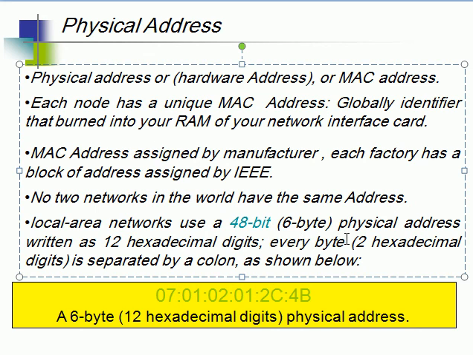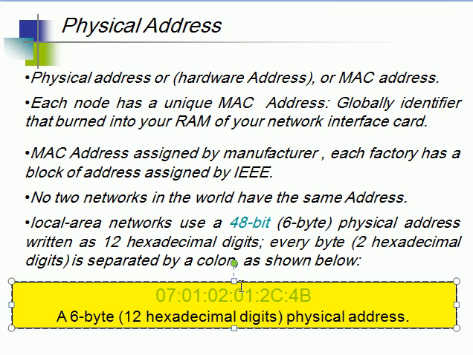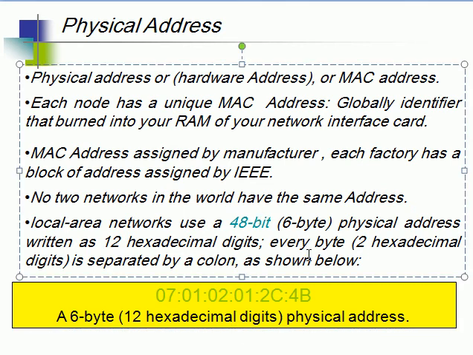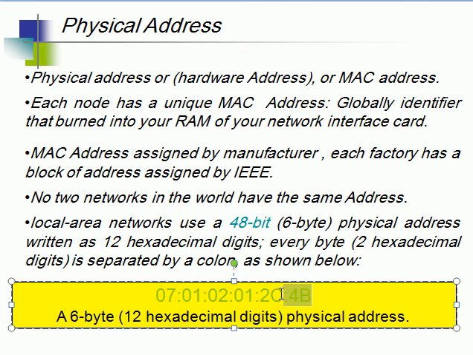Okay. Every 2 hexadecimal digits are separated by a colon as shown below. This is a colon. We have 6 bytes, 6 times 12, which is about 72 bits. But every 2 digits represent 1 byte.